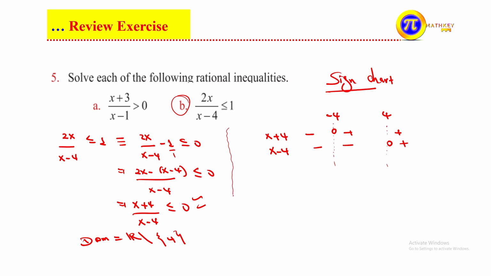After we did this, it is division ስለሆነ we divide this x plus 4 by x minus 4. Observation እናደርግ, ምን አለን እዚህ ጋር? Negative divided by negative ምን ይሆናል?